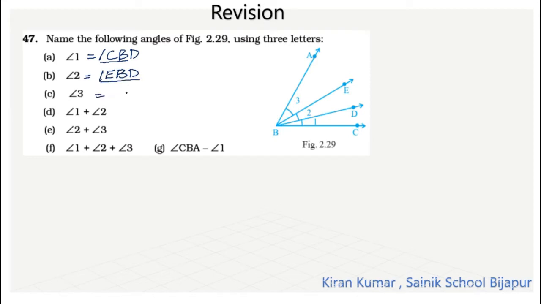Angle 3 is the same as angle ABE. Angle 1 added to angle 2, we get angle EBC or CBE. EBC. Angle 2 added to angle 3 is angle ABD.